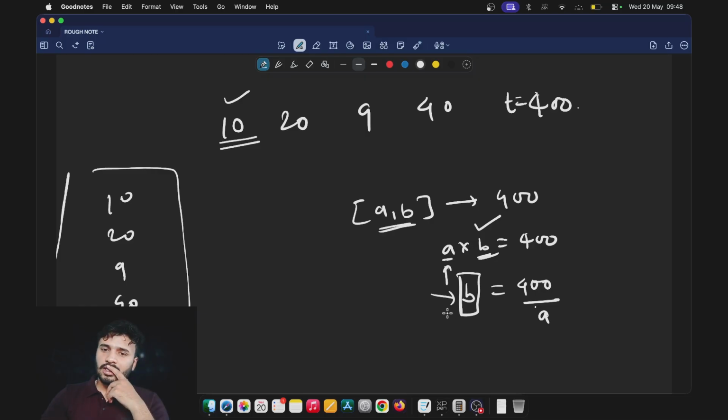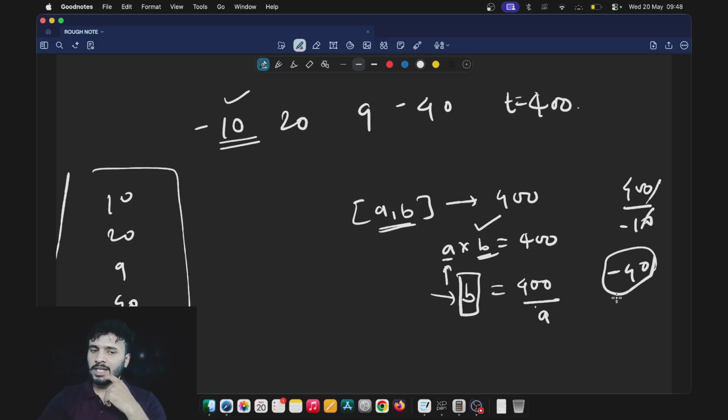For example, let's say these are negative numbers, okay? So 400 divided by minus 10 will be nothing but minus 40. So we need to check that minus 40 is present in the array. Okay, I think you are getting the question. But one thing we need to check is that the same element should not be taken twice.